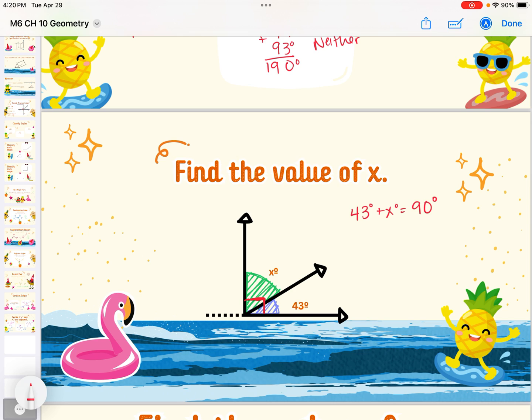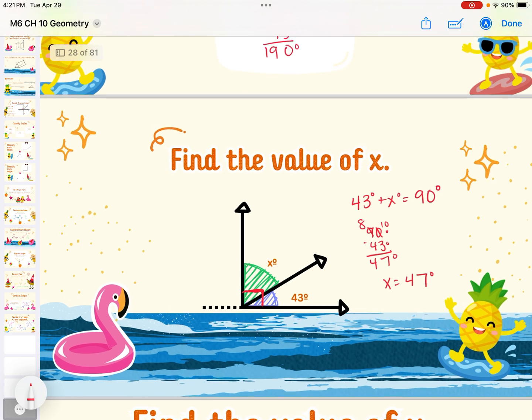So now we just have to work backwards and subtract 90 minus 43. So I have to borrow, 10 minus 3 is 7. 8 minus 4 is 4. So this other angle, angle x, is equal to 47 degrees. Okay.